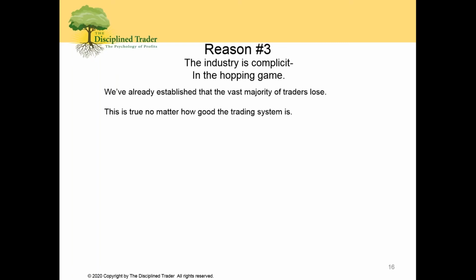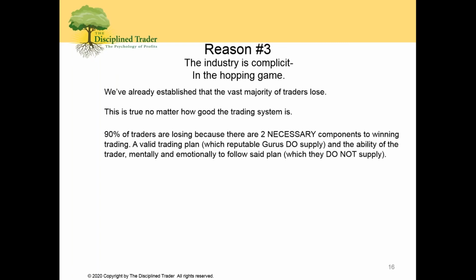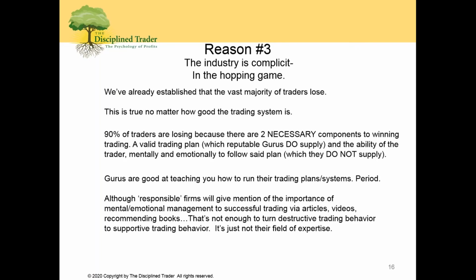So the truth is, no matter how good the trading system is, that's not what it's about. 90% of traders are losing because there are two necessary components to winning trading: a valid trading plan, which reputable gurus do supply us, and the ability of the trader mentally and emotionally to follow that plan, which they do not supply. Gurus are good at teaching you how to run their trading plan system, period.